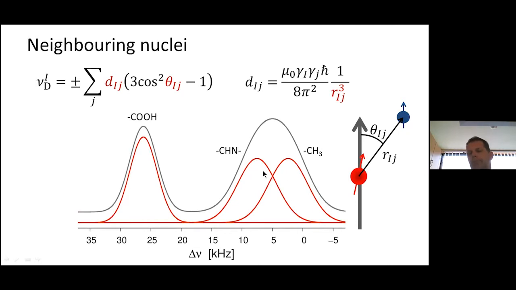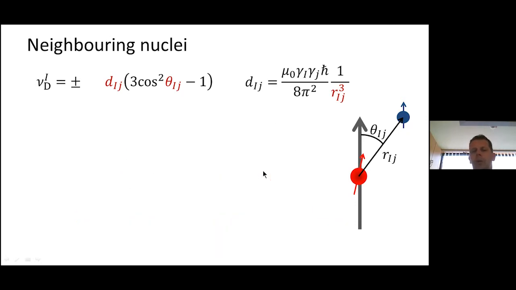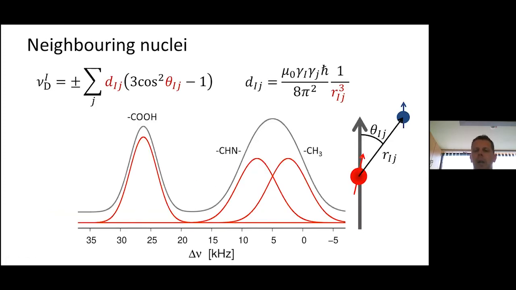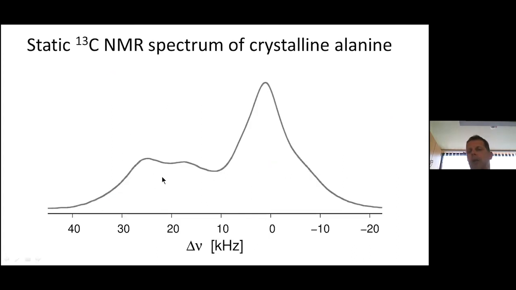So there are already two contributions that broaden the spectra. One is chemical shielding. I'm showing here just this effect. One is dipolar coupling, so the contribution of neighboring nuclei. I'm showing just this second effect. And now in reality, for these crystals of alanine, we have both contributions at the same time.